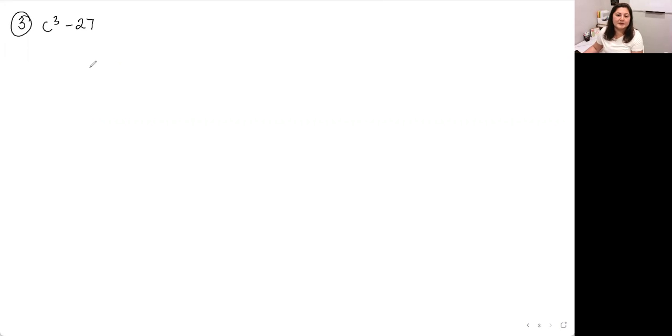So this one is the difference of 2 cubes. So I know that this is c cubed minus 3 cubed.